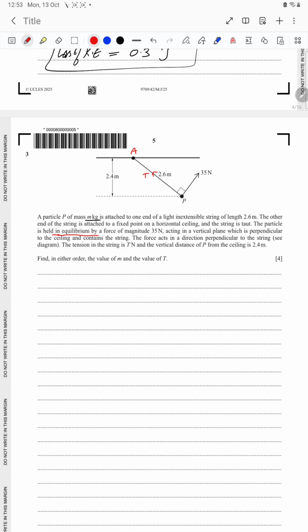So we can resolve to find the value of m and the value of T. If we resolve the tension along the string, we need to find this angle.